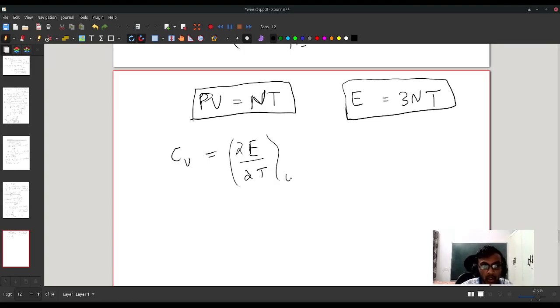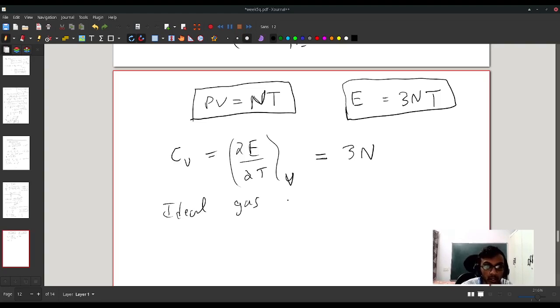So this is simply going to be 3N, and because of the ideal gas equation of state, this implies that Cp and Cv have to differ by N.